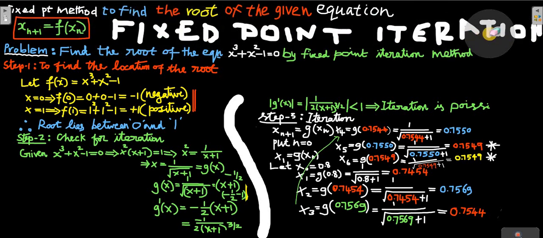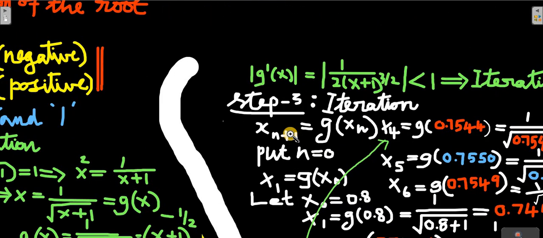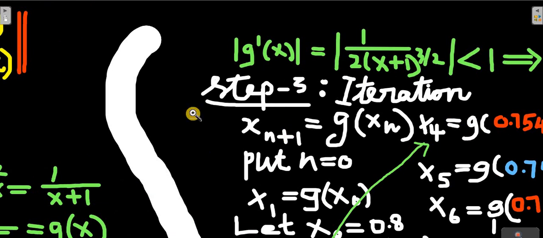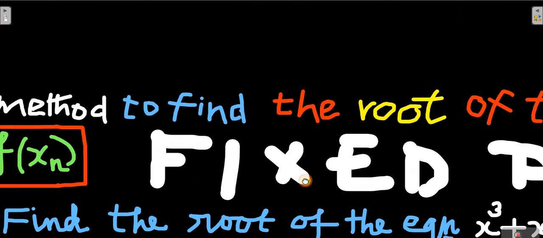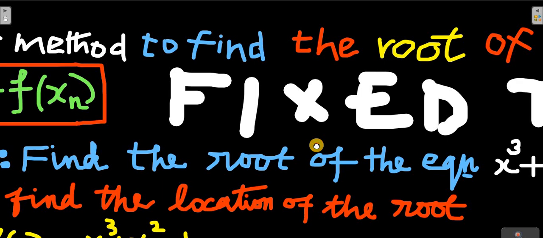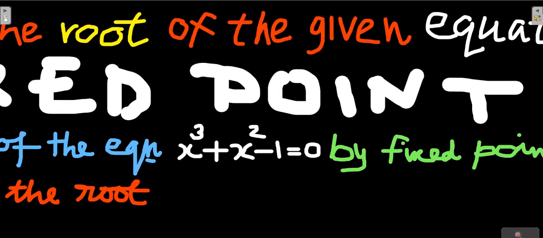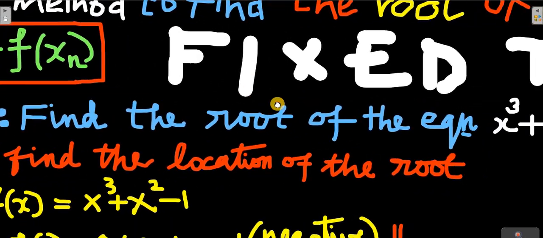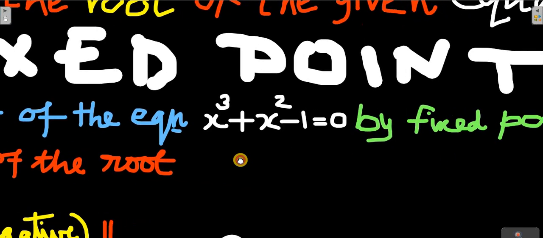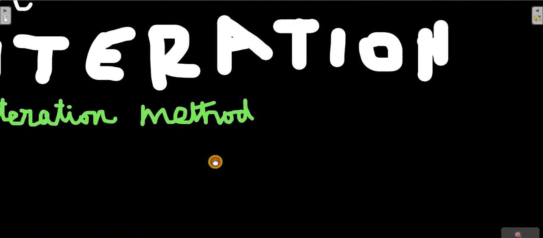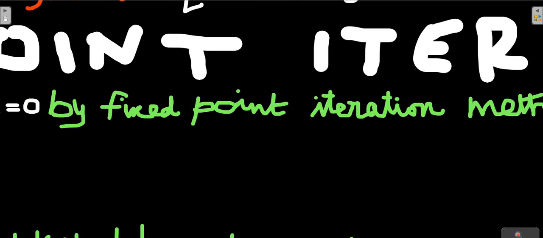By using this fixed point iteration method, we are going to find out the root of the given equation.